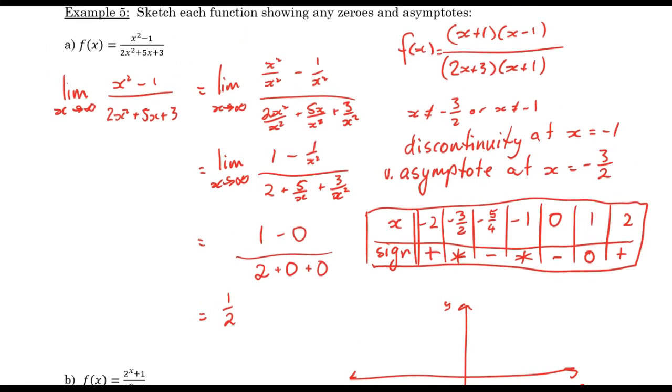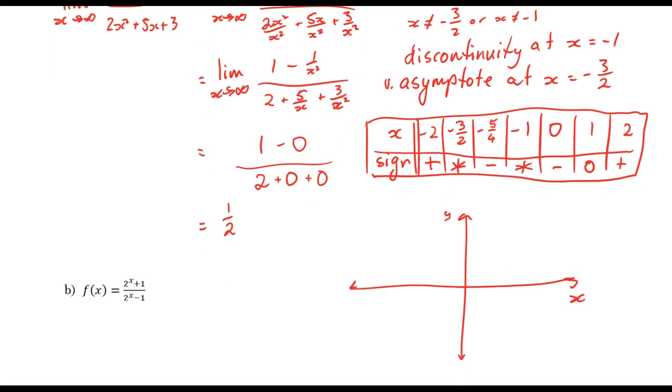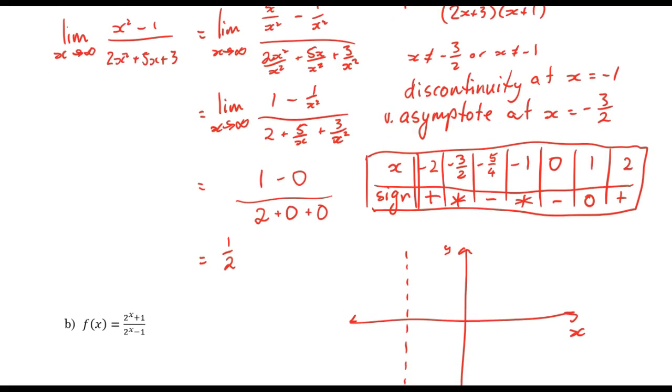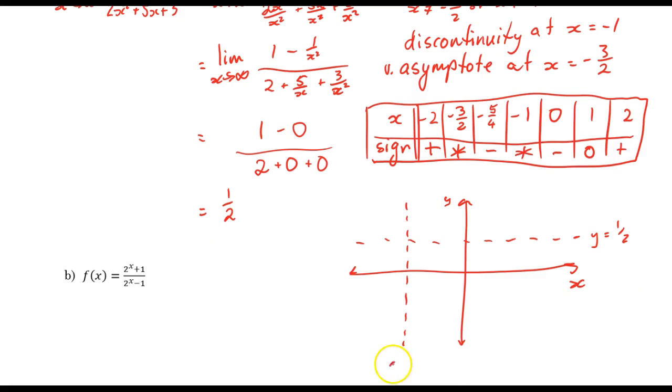My vertical asymptote was negative 3 over 2. I have a horizontal asymptote at y equals 1 over 2. Scroll down here. x equals negative 3 over 2.